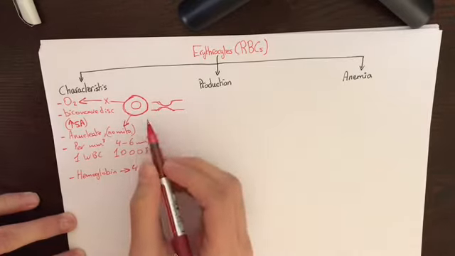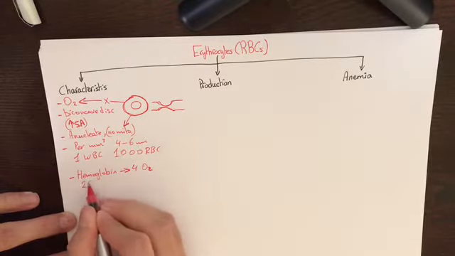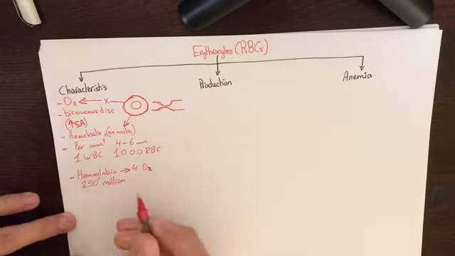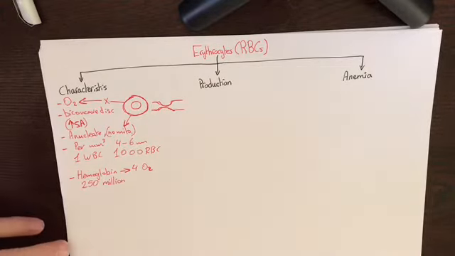And the red blood cell doesn't have only one hemoglobin, it has about 250 million hemoglobin. So it's like a bag filled with hemoglobin, and this hemoglobin inside the bag is going to attach to oxygen. Each hemoglobin attaches to 4 oxygen.